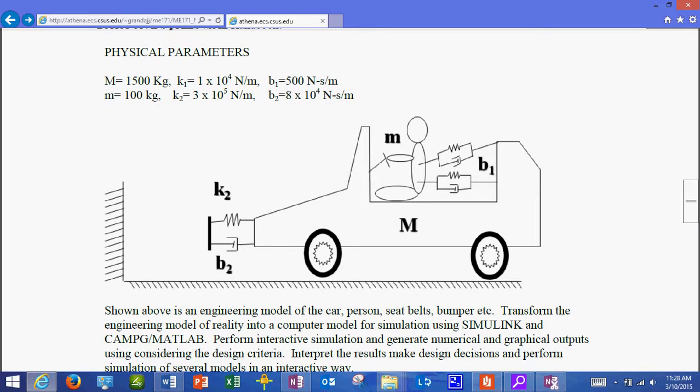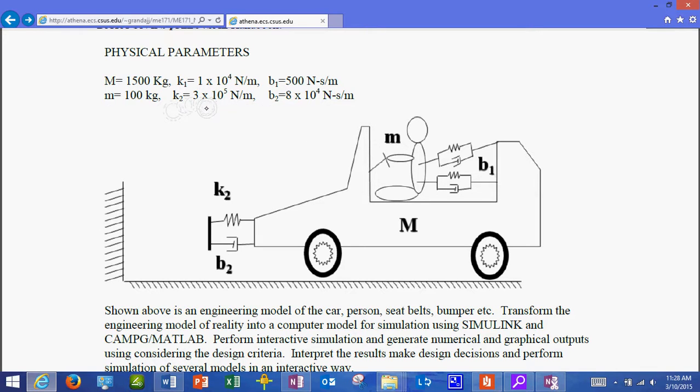And in here we have a situation where 1,500 kilograms is the mass of the car, and this is the seat belt in here, K1. And this is the mass of the person. It's 100 kilograms. Weighs about 220, so it's a big boy.